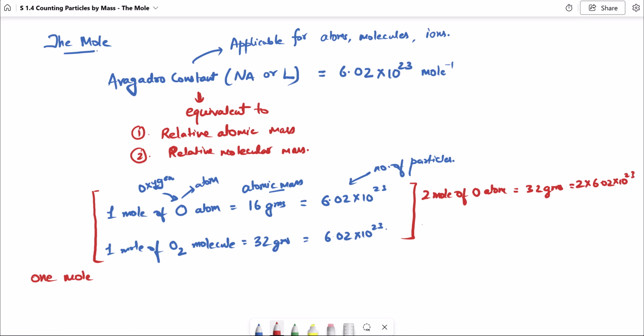For 2 moles of oxygen molecule, 32 into 2 means 64 grams, and particles, same thing.